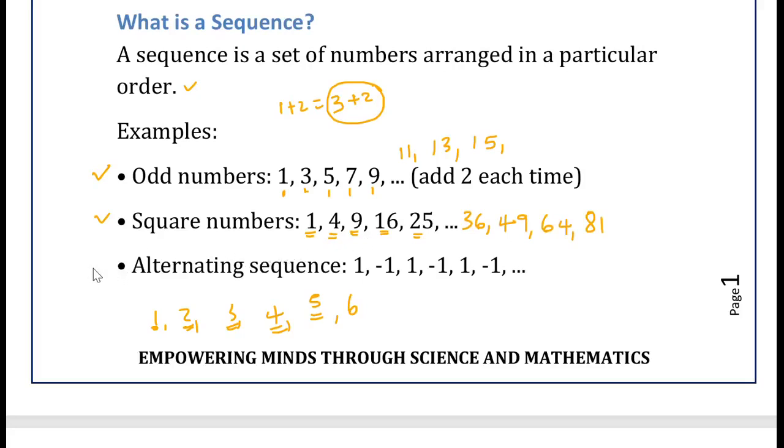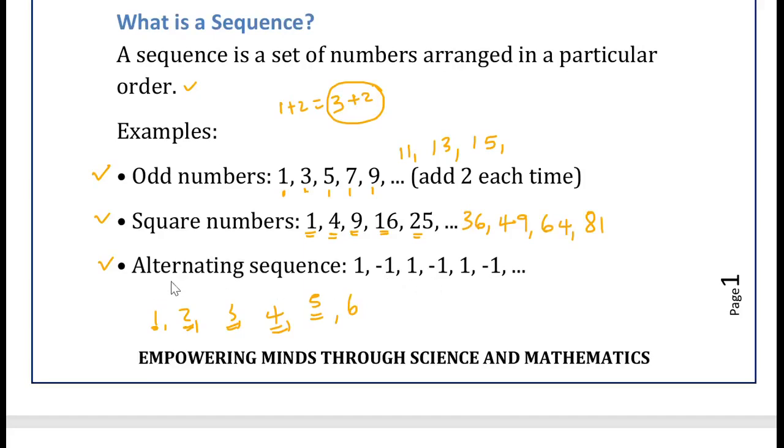Okay, now the last example that we have here is an example of an alternating sequence or alternating numbers. Like in this case, here we have 1, negative 1, 1, negative 1, 1, negative 1. The numbers keep on alternating. Here there are two numbers.